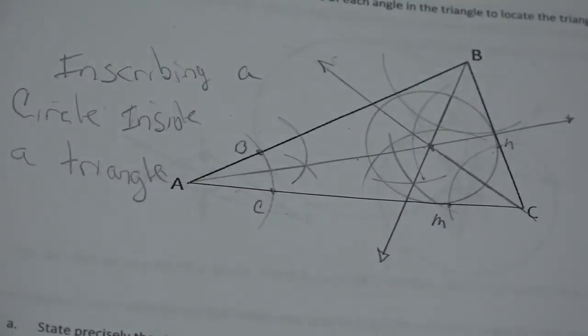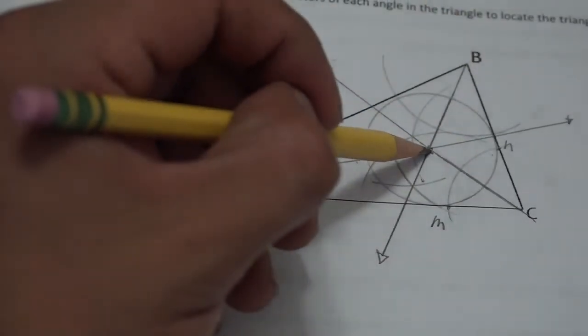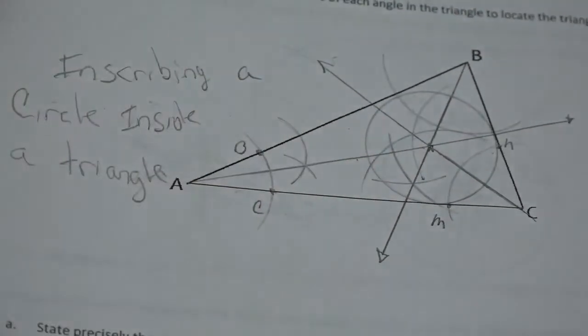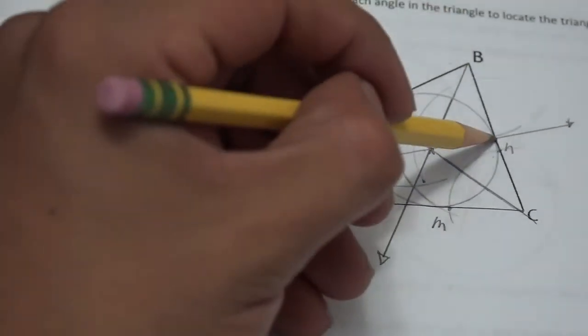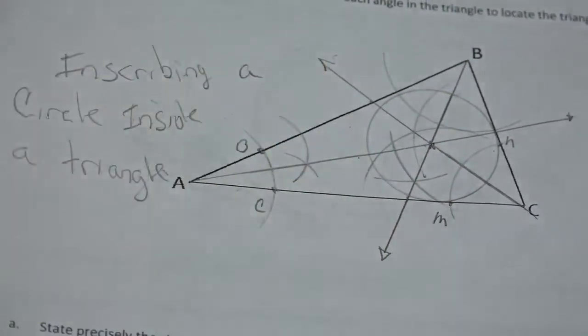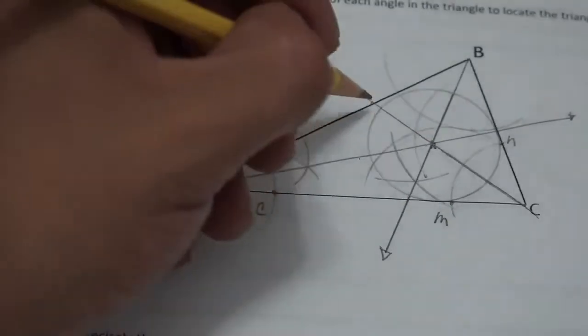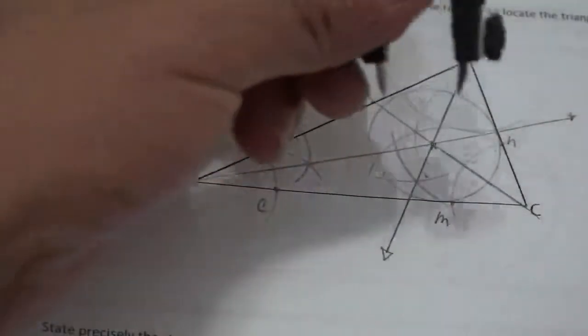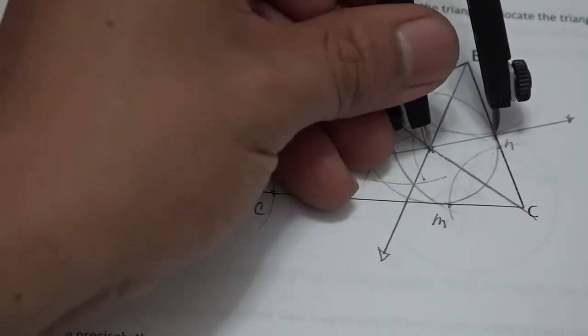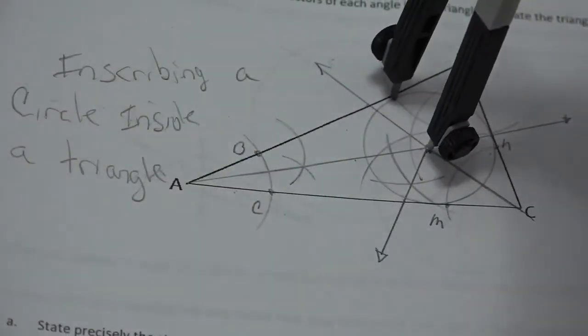So, this point right here is equidistant to the points that it intersects on the circle. And it has to be, because this is a radius of the circle, this is a radius of the circle, and this is a radius of the circle.